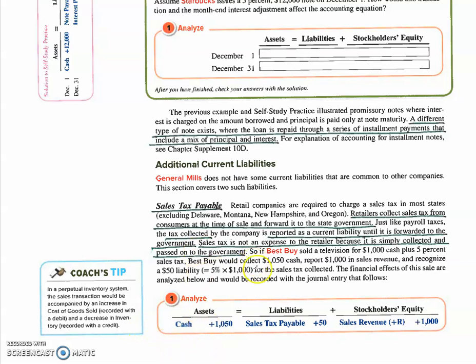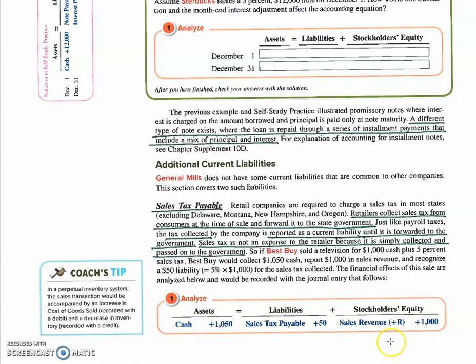Now, the example they're giving here, someone buys something for $1,000. And so we sell it to them. They're having to pay 5% sales tax. So the amount of the sale is $1,000, so we credit sales revenue for $1,000.